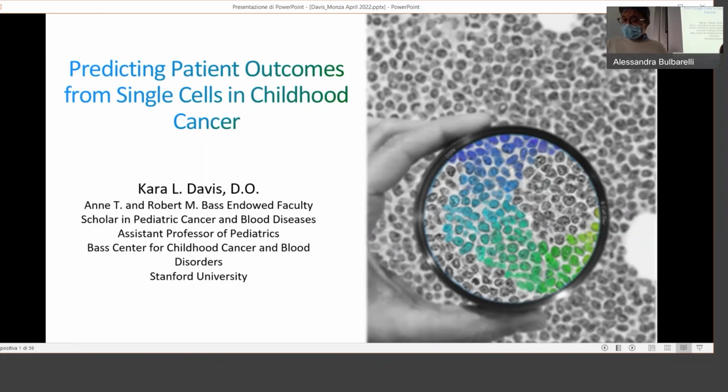And in fact, her research is focusing on using single-cell analysis to study the organization of tumor heterogeneity in blood cancers to determine cell populations associated with clinical risk, such as relapse. But she's also a medical doctor. She's doing clinical activities, seeing patients with leukemia, and she is involved in cancer cellular therapy programs in Stanford.